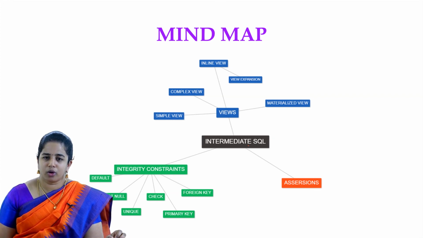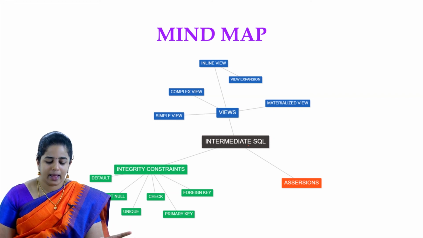Then integrity constraints. Default means it will replace the unentered information with the default values. Check constraint means it will always check an attribute or record against some predicate, whether it satisfies the given condition or not. Not null means the entries of the attribute should not be null, and unique means the entries should contain unique values, so there should not be any duplicate values in the table.